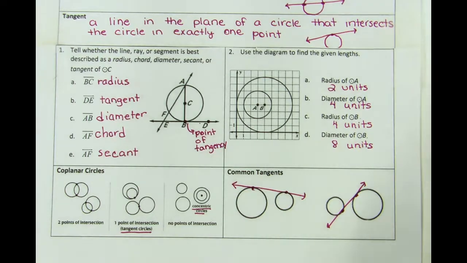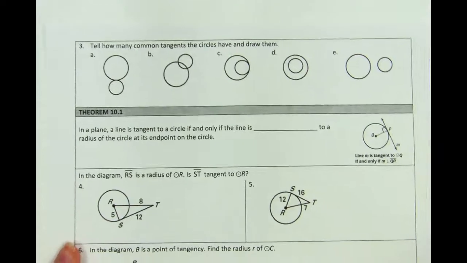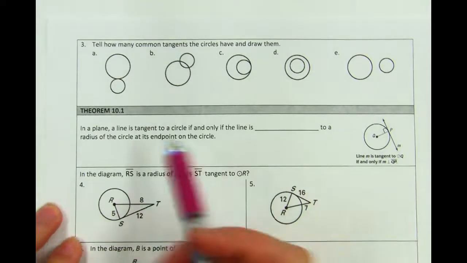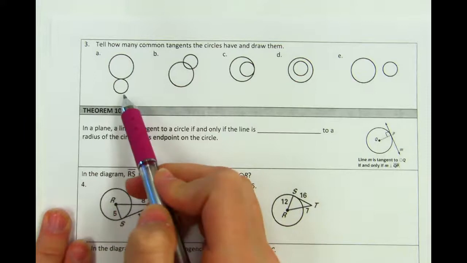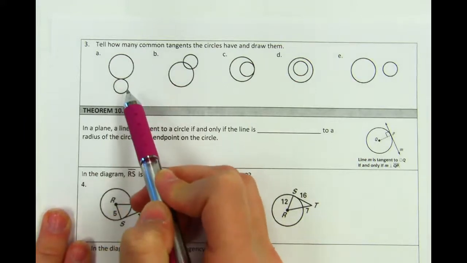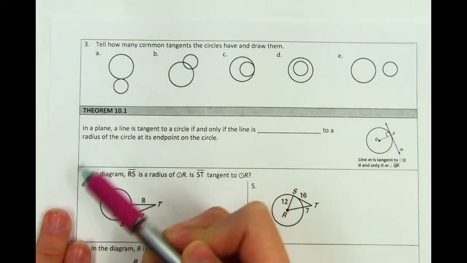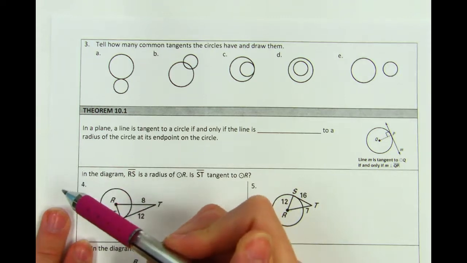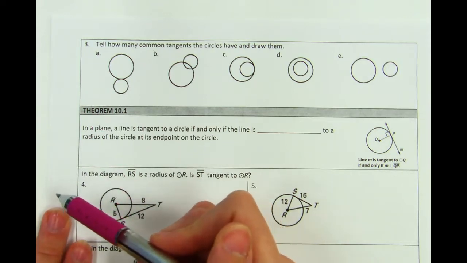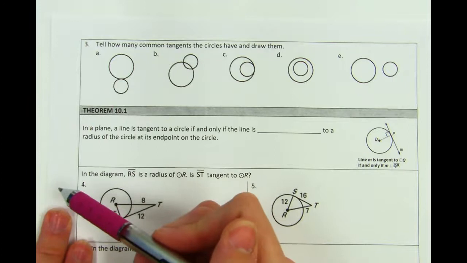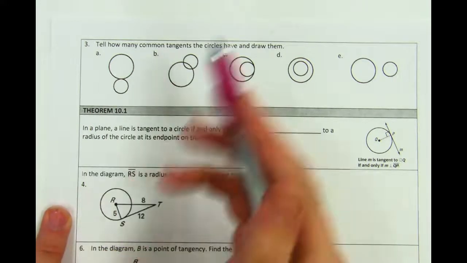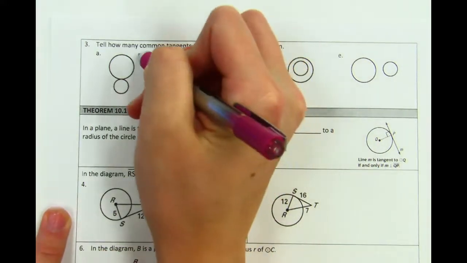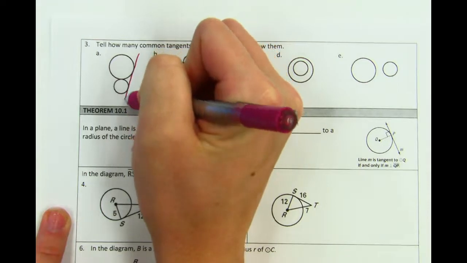Okay, going over to the back, let's practice that. So here on number 3A, we've got two coplanar circles. You can notice they intersect at 1 point, so we would call those tangent circles. So let's draw the common tangents. Well, I could have one coming down on this side.